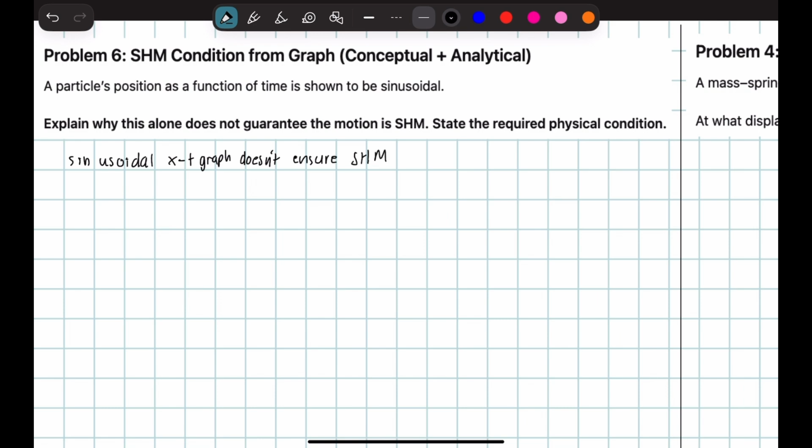And that's because for simple harmonic motion to occur, you have to have F is equal to negative kx, Hooke's law, or you have to have acceleration is equal to negative k over m times x, which is just Newton's second law plus Hooke's law. So either way, you need to have Hooke's law.